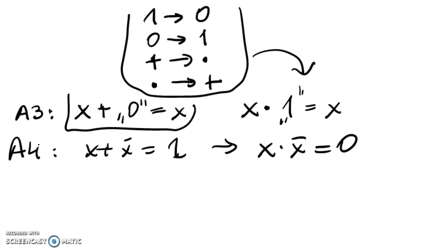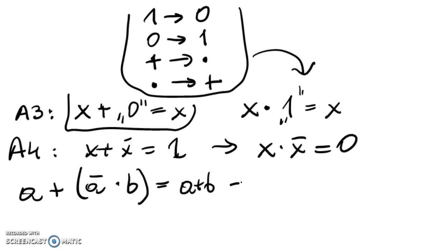Let's take one of the theorems, for example, A plus not A times B equals A plus B. If you make use of the duality substitution, you've got something like this. Times, instead of plus, you've got dot here, and this must be left without any changes.